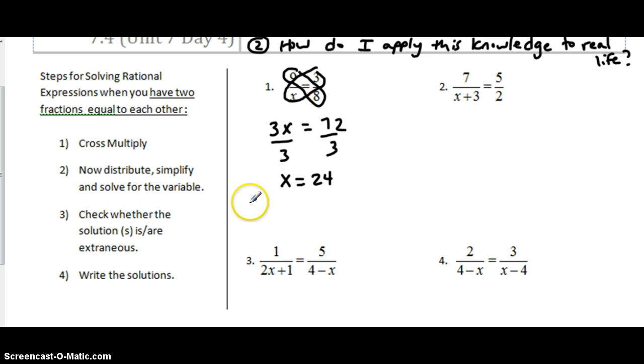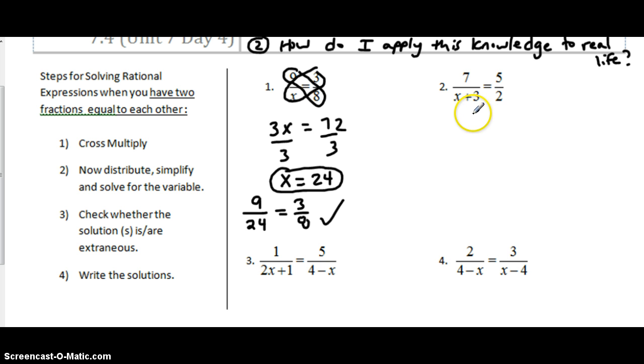Now it's important to check. We could have an answer that's not a true statement. If we plug in 24 for x, you can see it is a true statement: 9 divided by 24 simplifies to 3/8.